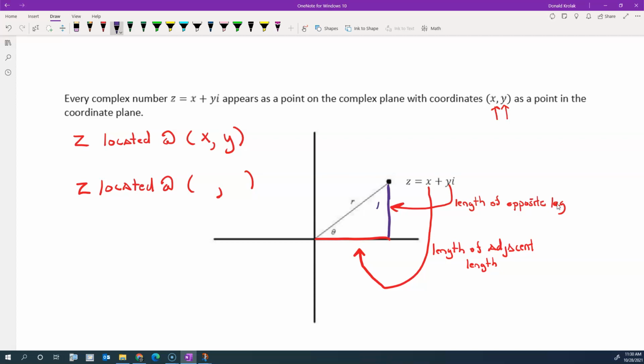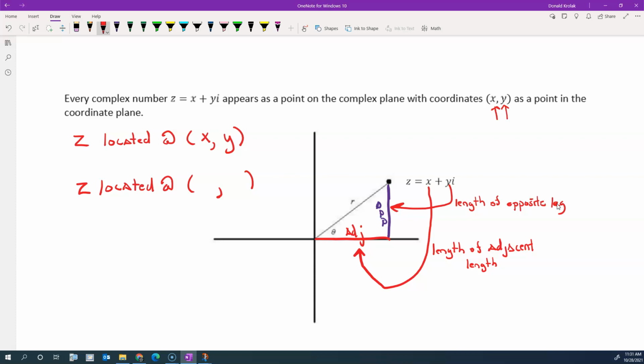This is the opposite leg of that right triangle, and this is the adjacent leg. So you can get those numbers if you know the angle, using sine and cosine.